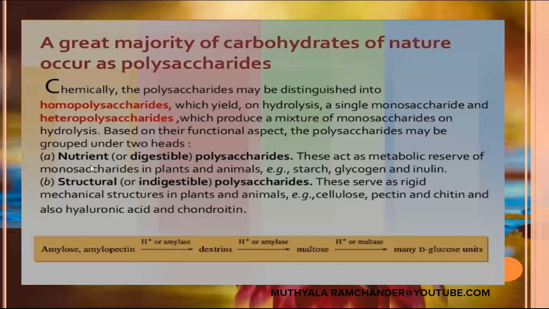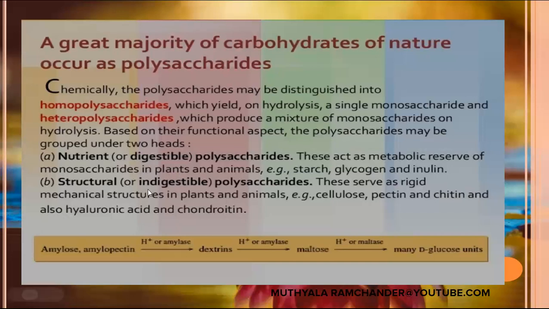One is nutrient or digestible polysaccharides. These act as metabolic reserves of monosaccharides in plants and animals. Examples: starch, glycogen, inulin. They give metabolic energy to living organisms.